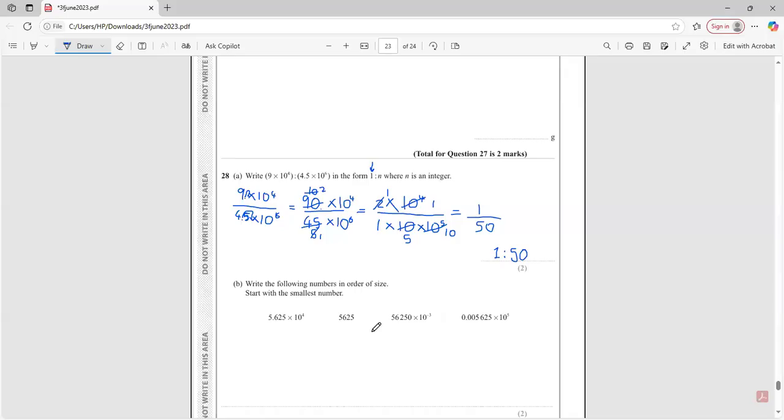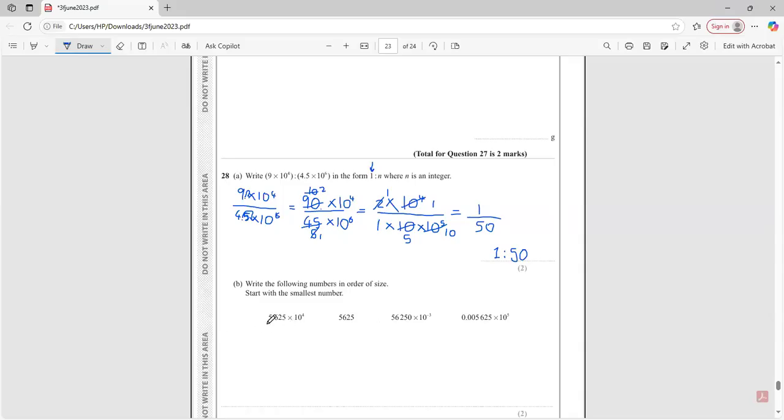To be on the safe side, it's best for us to change all of them to numbers without the times 10 raised to power 4. In other words, let's change them to their non-standard form.